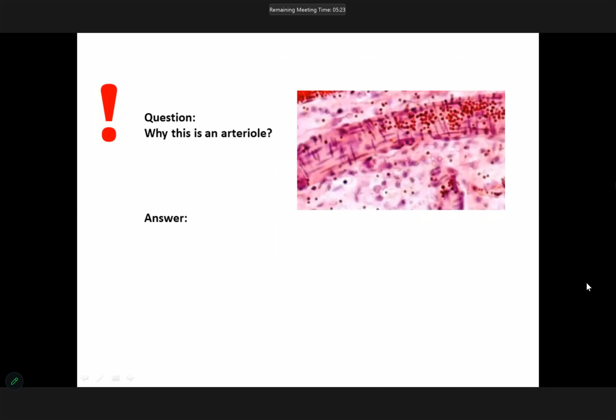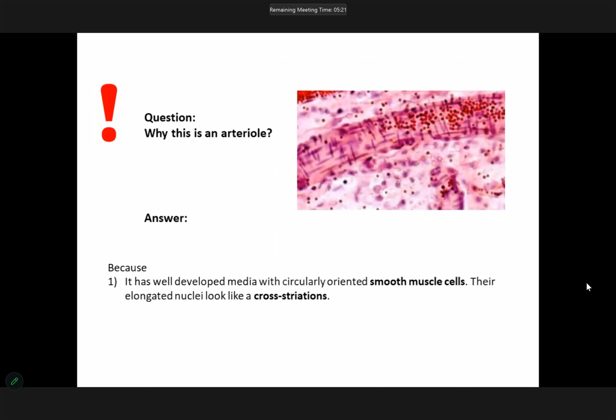Why is this the arteriole? It's the simplest question because it has cross striation because of circularly oriented smooth muscle cells. If you see cross striation, this is the arteriole.